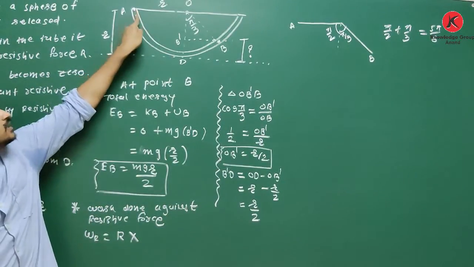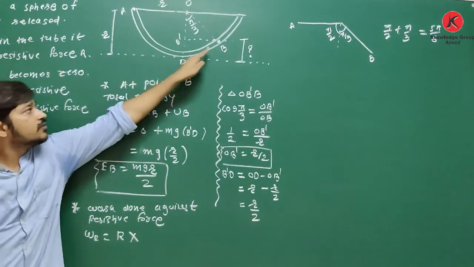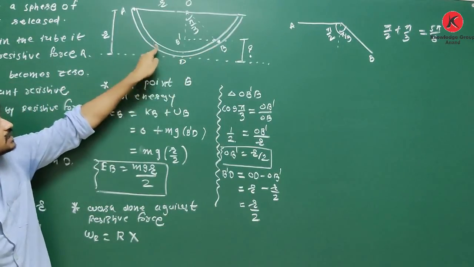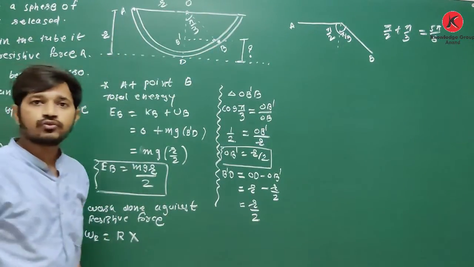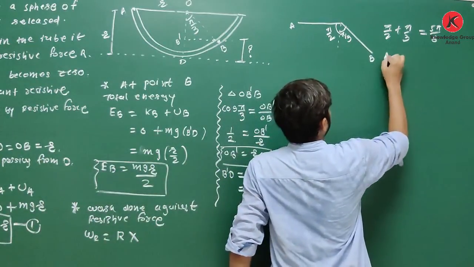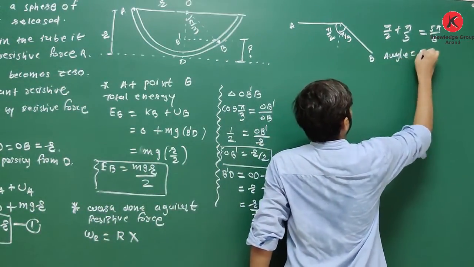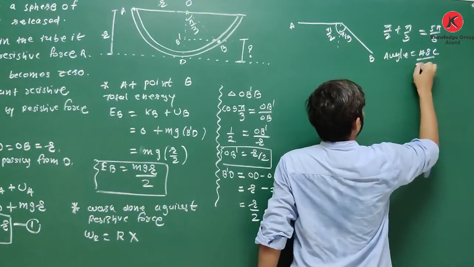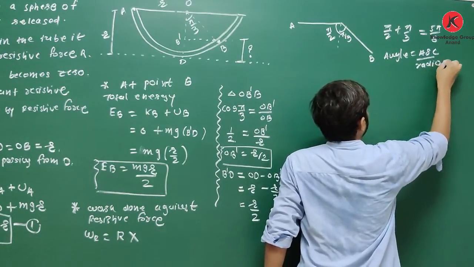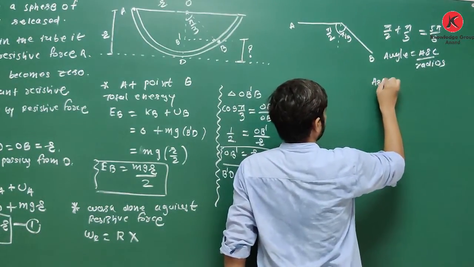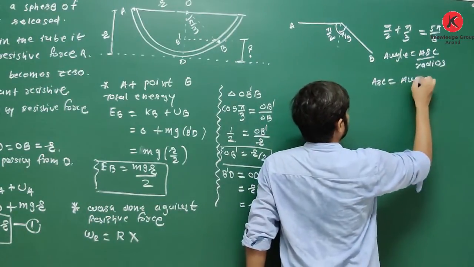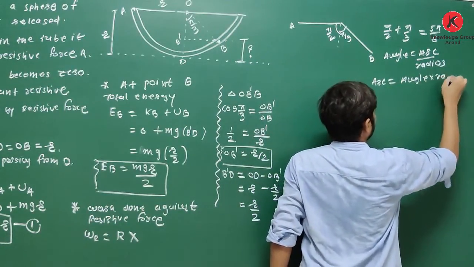We have to find this distance, this arc, and how to find it? Yes, we have one equation: angle is equal to arc upon radius. So arc is equal to angle into radius.